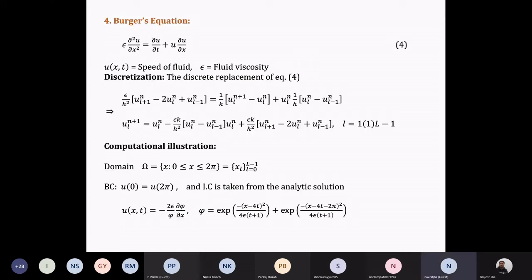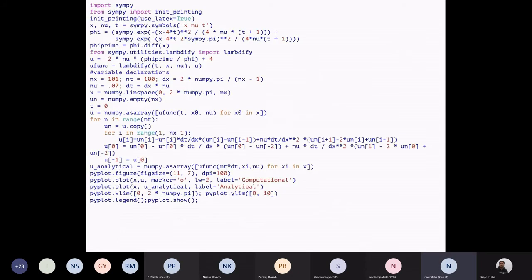I am going to solve this equation 4 on the domain 0 to 2 pi, boundary condition is periodic, u(0) is equal to u(2 pi), and the initial condition you can calculate from the analytical solution given here, u(x,t). Well, the coding seems a little bit difficult, but it is not.